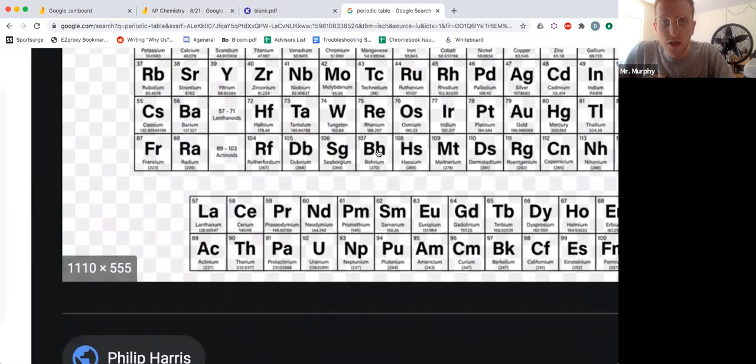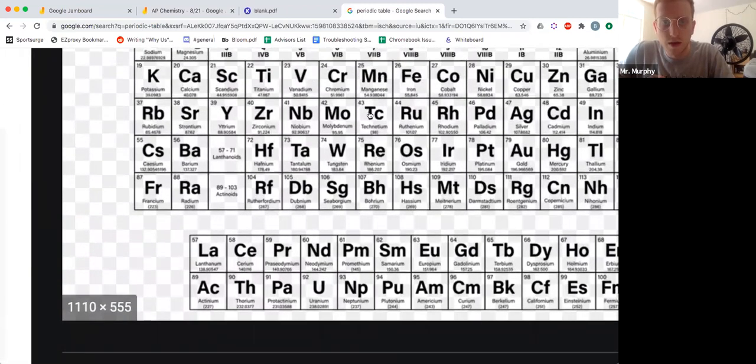Under each element, we have a molecular weight. This right here is my favorite metal. It's called rhenium. You might not be able to read this very well, but it says that the molecular weight of rhenium is 186.207 grams per mole.